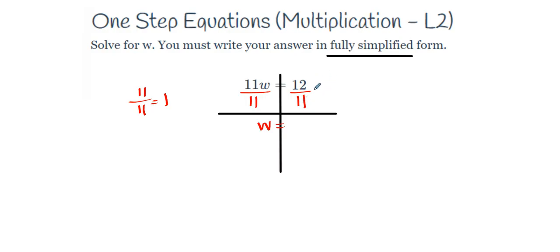And the answer to that is the only thing that we can divide 12 and 11 by that would be the same would be 1 over 1, but that's still going to result in 12 over 11. So it's not going to simplify. But again, you should always try to see if it'll simplify. So in this case, W is equal to 12 over 11, and we'll box that.